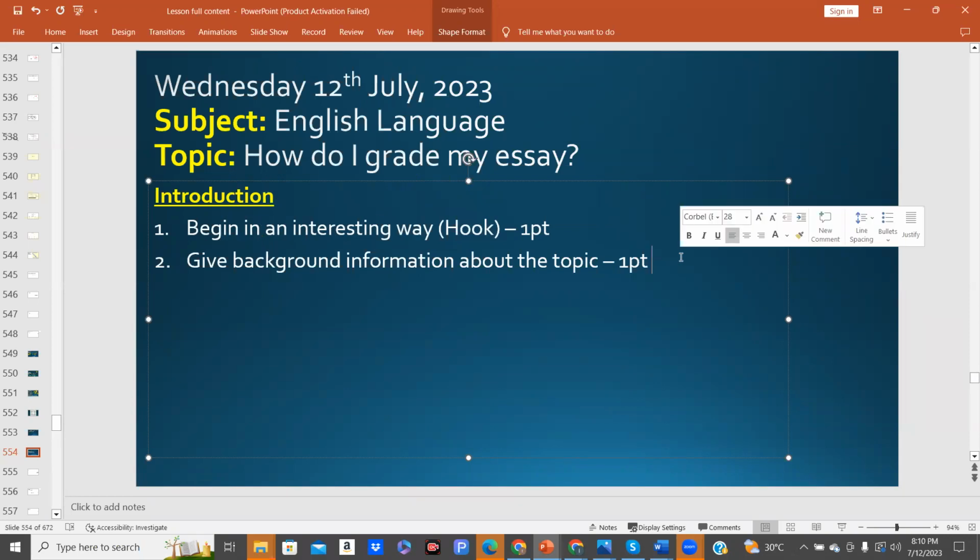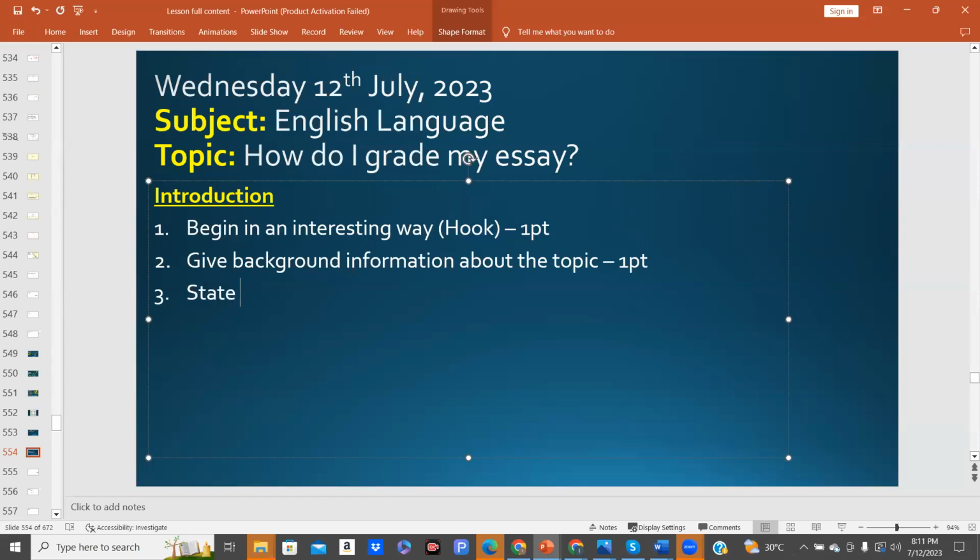That's the first point. The second thing is give background information about the topic. The third thing is the thesis. You state your position. So you're going to say explicitly, I agree or I disagree, and you get 1 point for that, believe it or not.